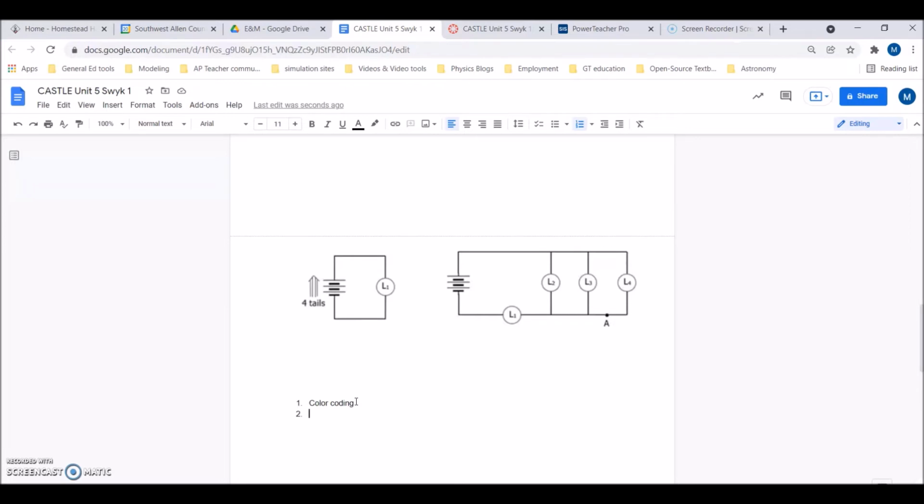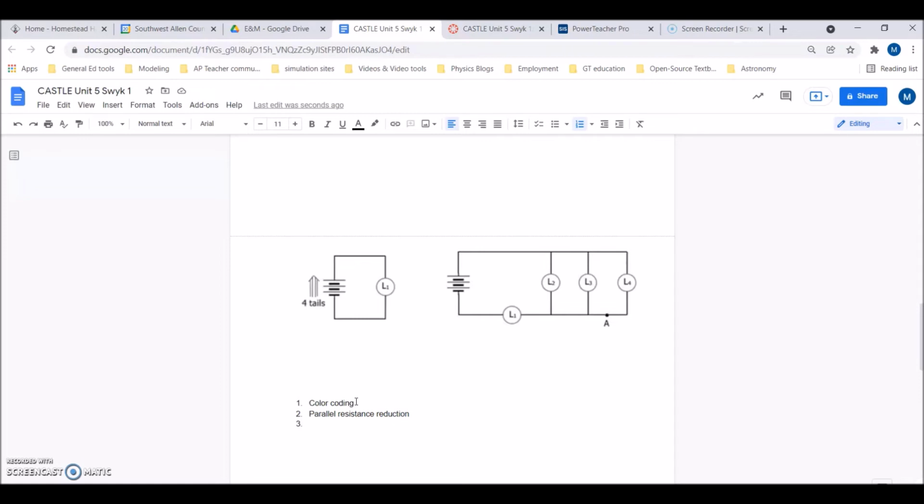So light bulbs 2, 3, and 4 are in parallel. That means the effective resistance of L2, 3, and 4 combined together is like 1/3 of a normal long bulb. When you have light bulbs in series, the biggest resistance gets the biggest pressure difference across it.